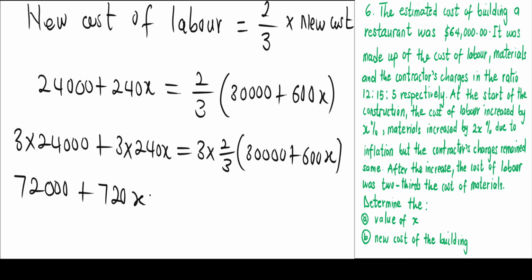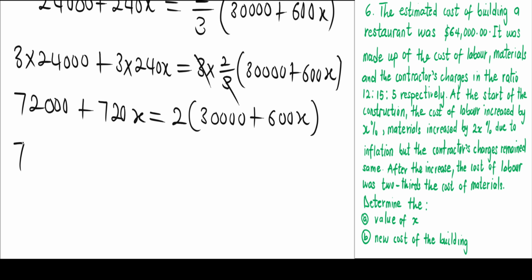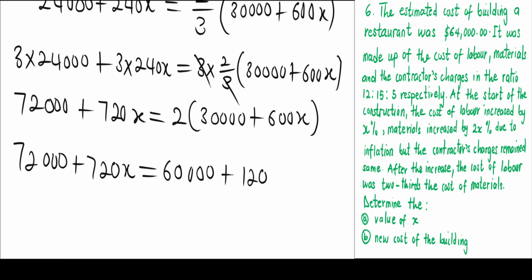Then on the other side, this 3 divides this, we are left with 2 multiplying 30,000 plus 600x in bracket. So we get 72,000 plus 720x equal to 2 times 30,000, which gives us 60,000. Then 2 multiplies 600x will give us 1,200x.